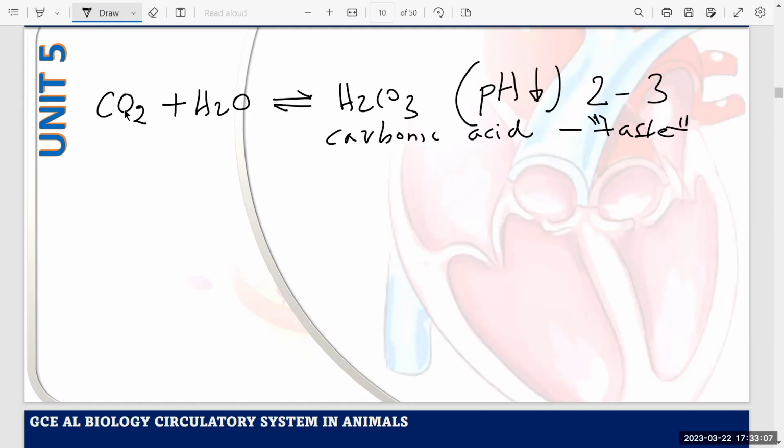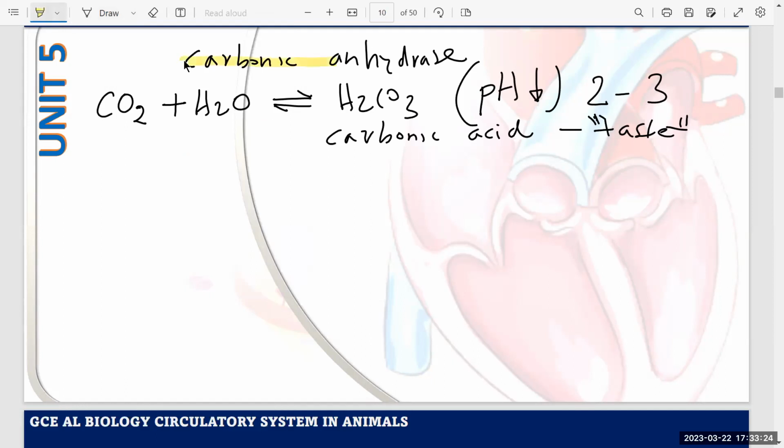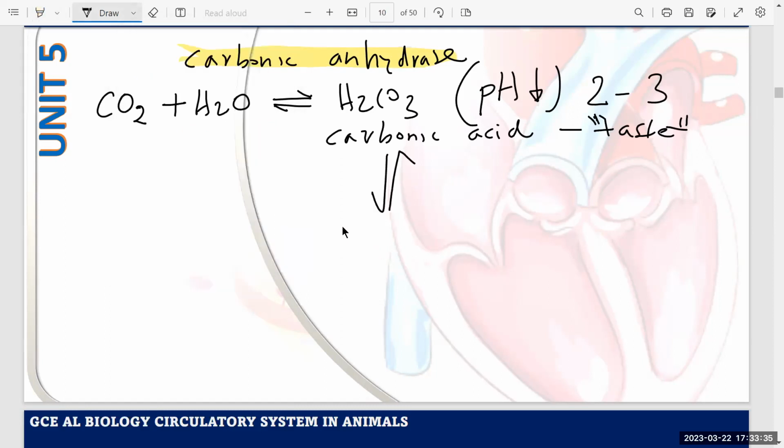So the same thing happens in the red blood cell. As carbon dioxide enters, it reacts with water, and this is catalyzed by carbonic anhydrase. So enzymes are important to speed up the reactions. So it forms carbonic acid. Carbonic acid further changes to hydrogen ion and bicarbonate ion. So it is dissociated into hydrogen ion and bicarbonate ion.